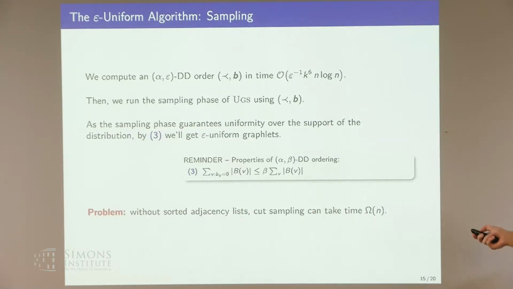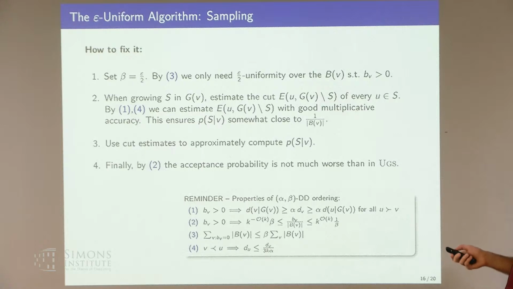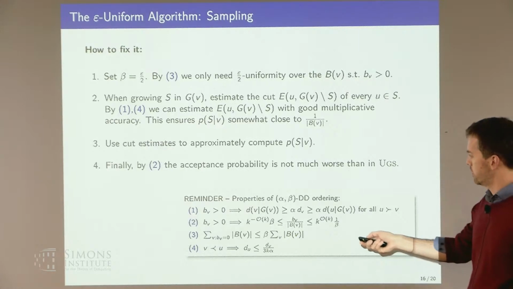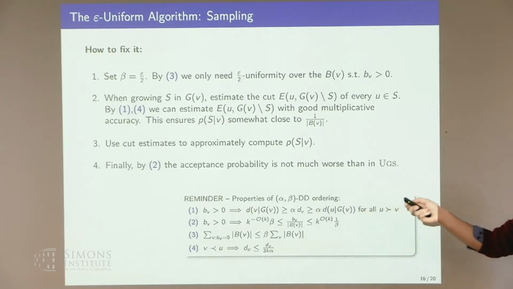So the goal now is to reduce this to big O of 1. And I will give you just an idea, so it's just one slide. The idea now is to tighten the preprocessing condition slightly in the following way: we set beta to epsilon over 2, and that means, again by condition 3, that we are preserving a fraction 1 minus epsilon over 2 of all graphlets.